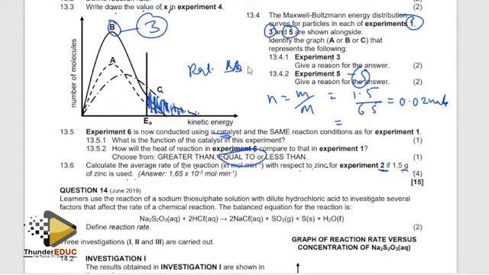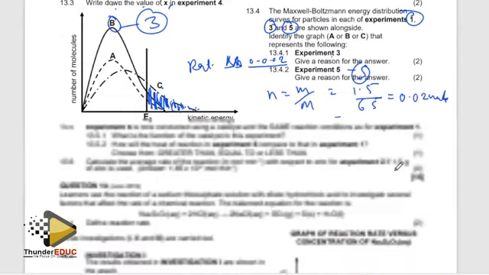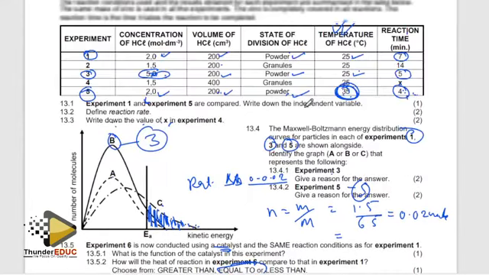The final is 0, so it is going to be final minus initial, which is 0 minus this number of moles, 0.02 maybe, divided by the time. You started from how many minutes did we use? As experiment what? They said as experiment 1.